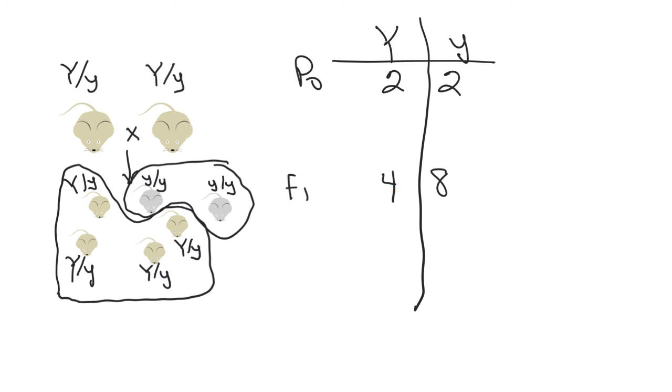This is evidence that Hardy-Weinberg equilibrium is not occurring. And the way that geneticists interpret this is that one allele appears to be better or healthier or more fit than the other, and that would be the one that's overrepresented in the second generation.